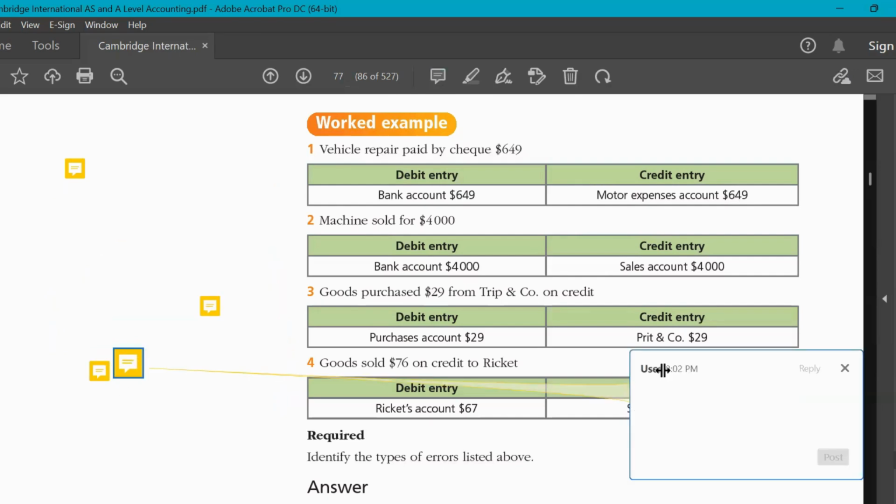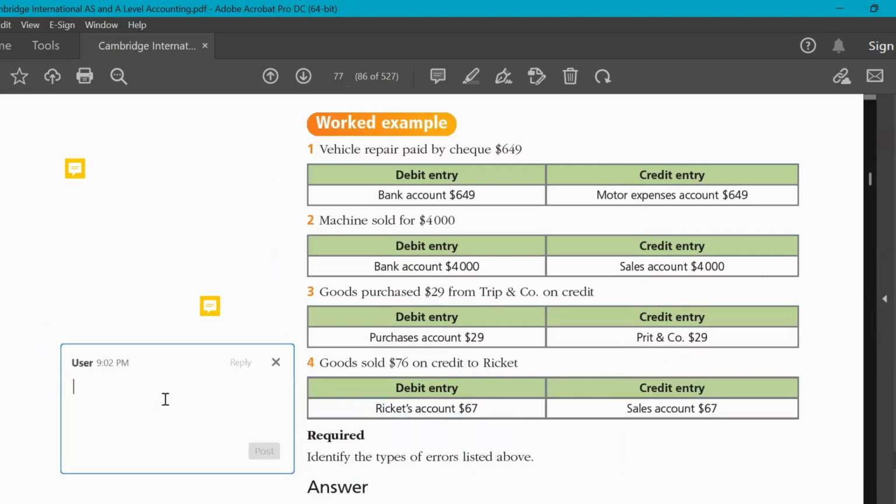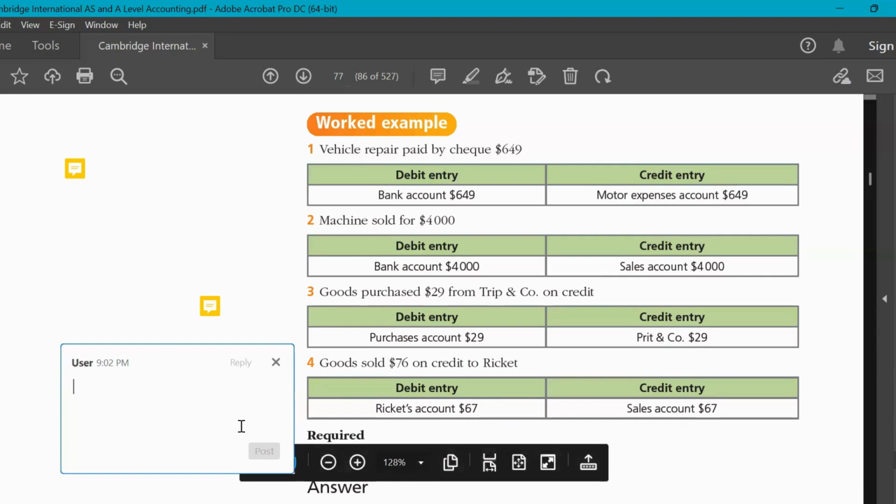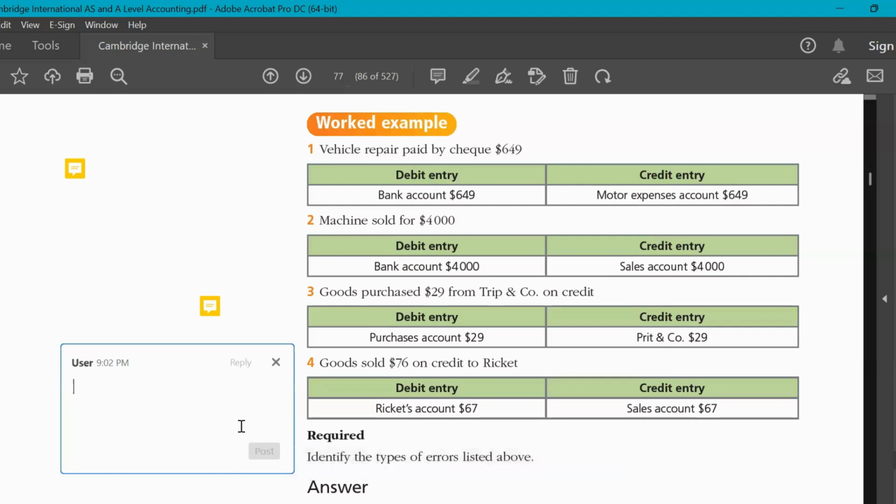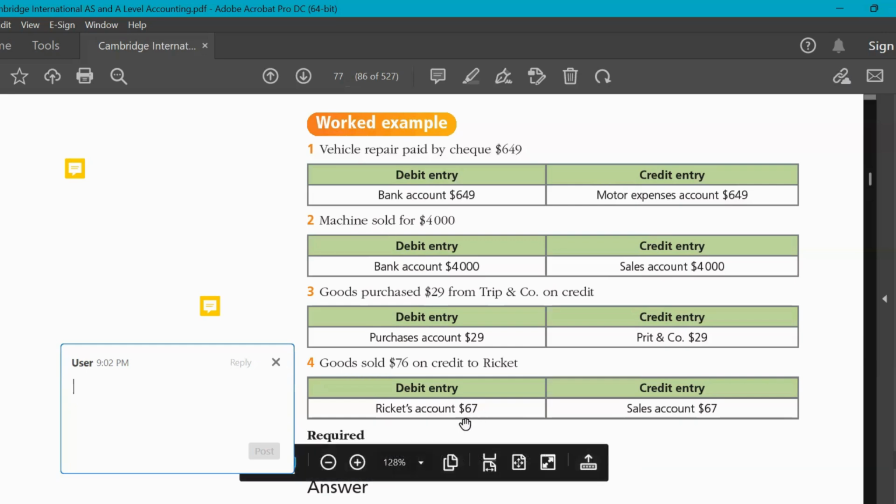Number 4 is goods sold 76 on credit to Ricket. So the entry shown here, you have sold it to Ricket. Okay, and then of course, the sales account. The correct entry should be how much? It's not 67, but it should be 76. Goods sold 76. You're correct when it comes to the entry, right?